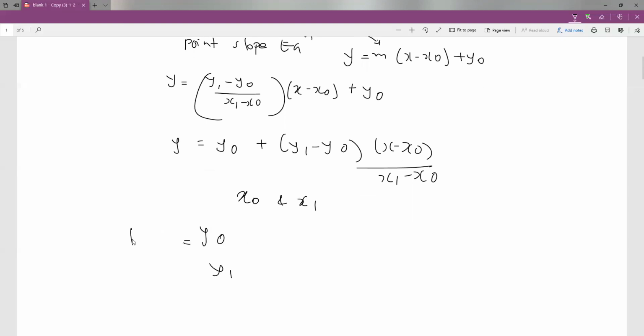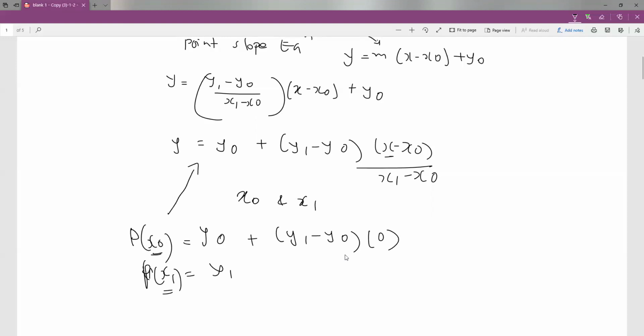So if it is Newton's polynomial linear interpolation function, it gives p of x1 here, y1 minus y0 is 0. I have used this equation for evaluating the function at x0 and x1, and I have to substitute x0 in place of x in one of the cases. So this gives me y0 in one case, and in the other, substituting x1, it gives me y1.